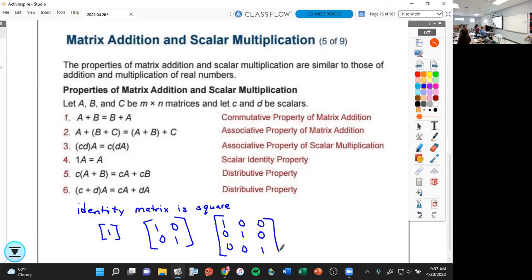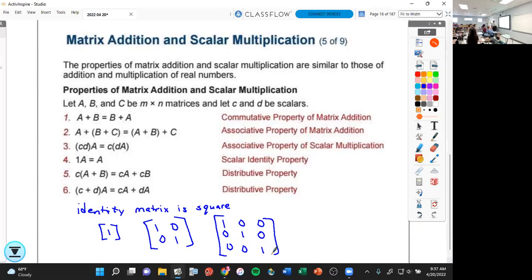Okay, so the identity matrix just has a main diagonal of 1s and everything else is 0s, but it's always square.